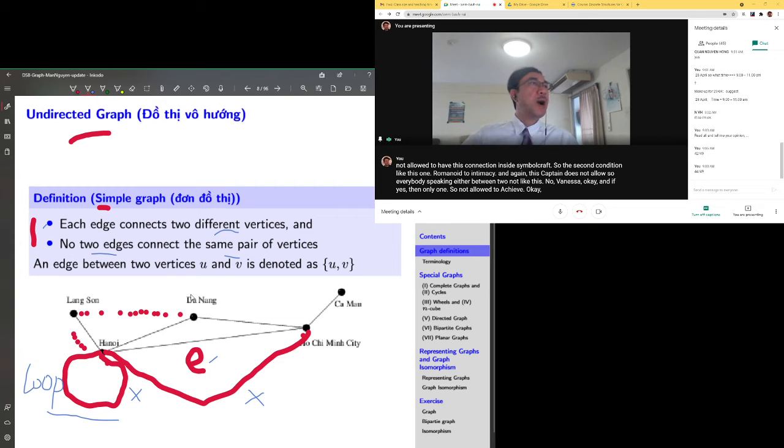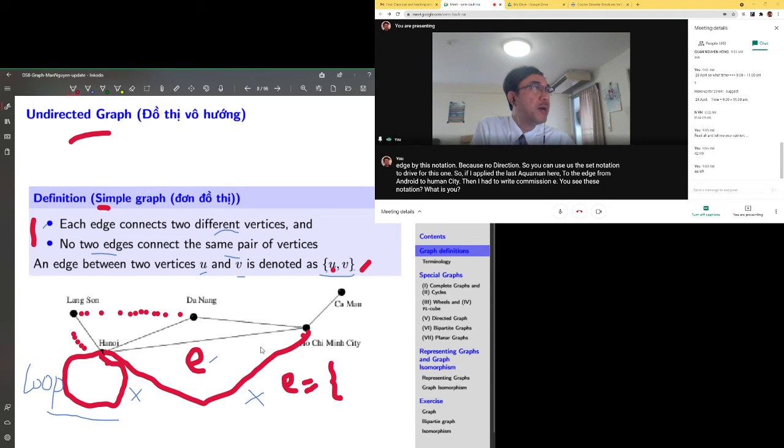For this reason, in a simple graph, if the two vertices U and V are connected together, then you write that edge with this notation. Because there is no direction, you can use the set notation. If I apply this to the edge from Hanoi to Ho Chi Minh City, I have to write the connection E using this notation. What is U?